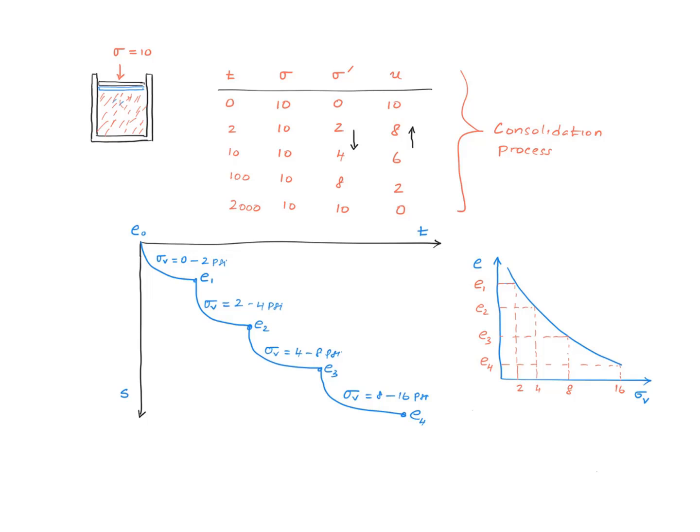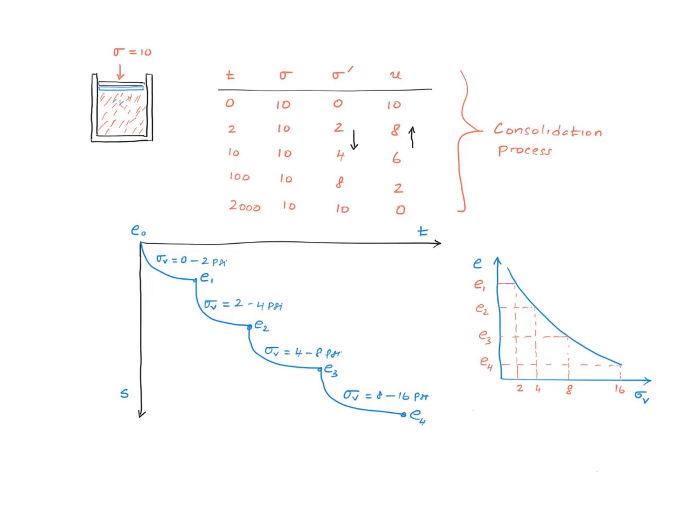Well, the applied pressure of 2 psi is first taken completely by water, but then during the process of consolidation, water pressure dissipates, and eventually the applied pressure of 2 psi becomes exactly equal to the effective pressure in the soil. And that process repeats, it continues.